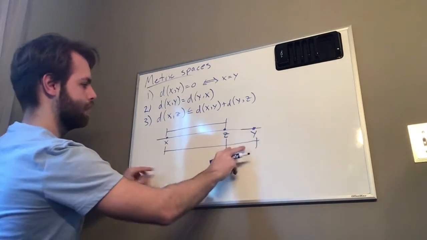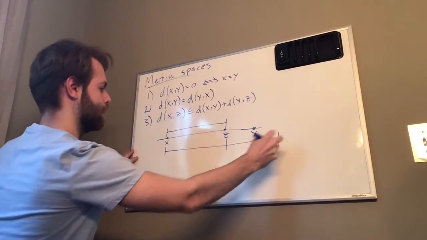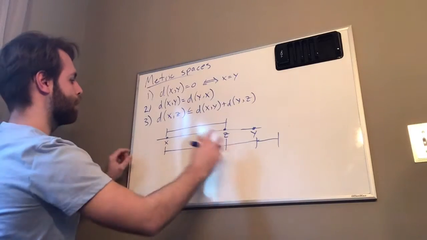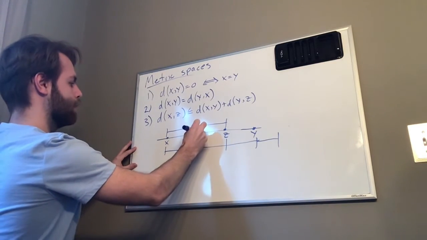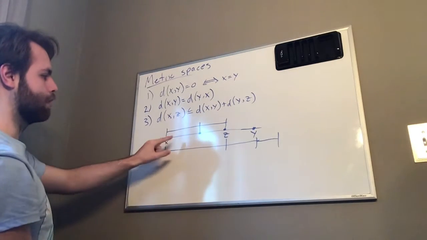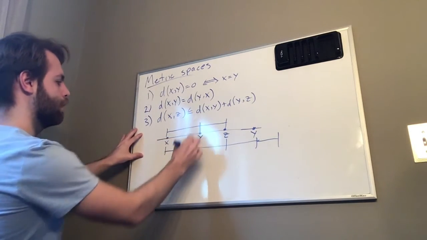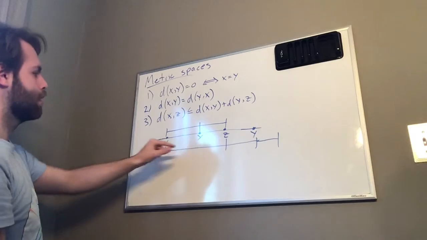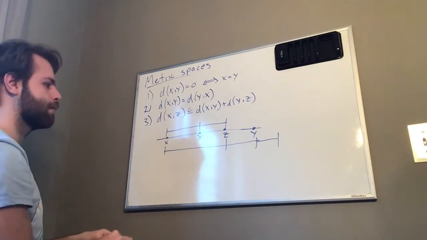In this case, the sum would look something like this. It'd be that long. Where if y is in the middle between them, then the sum is just going to look like that. It'd be equal. Exactly. So that's why it's less than or equal to.